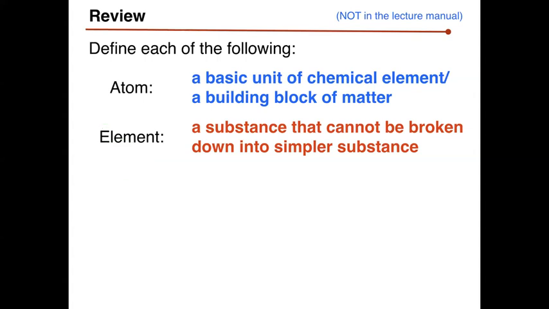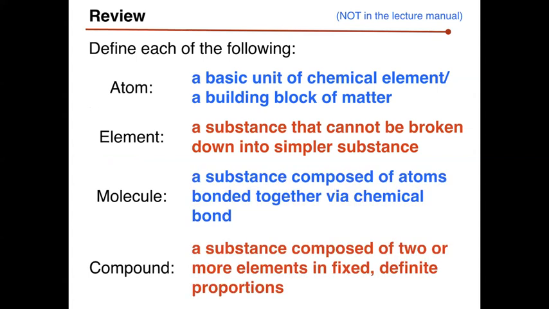Okay, so now let's take a look at molecule versus compound. A molecule is when you have atoms bonded together via chemical bonds. It can be the same type of element, or it can be different types of elements. However, a compound is when you have atoms of different types of elements bonded together in a fixed ratio.